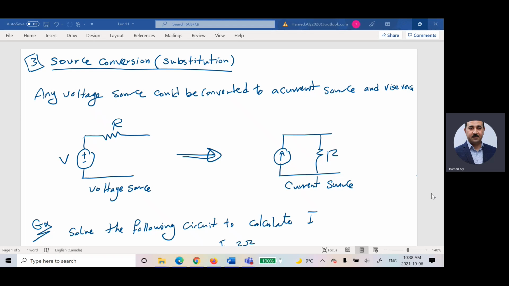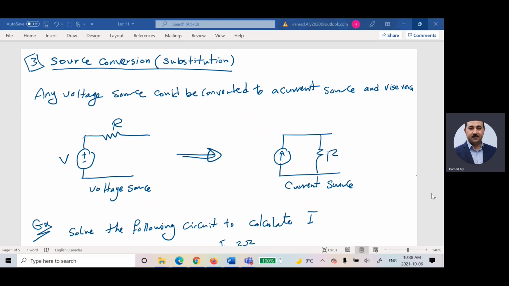If I have a certain circuit that has many voltage sources and many current sources, and I would like to simplify that circuit, I can use source transformation. But if I'm asking you to find the current across a specific branch, and this branch is part of the voltage source or the current source that you will convert, please try to avoid converting that part. I'll show you an example related to that.